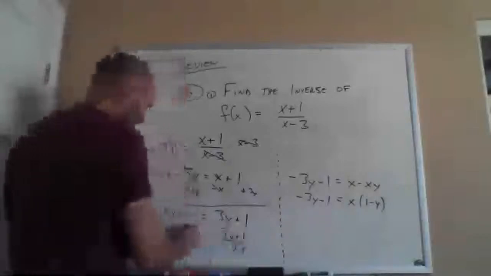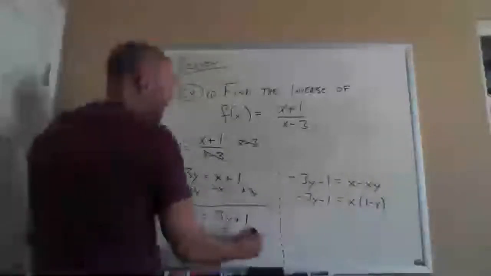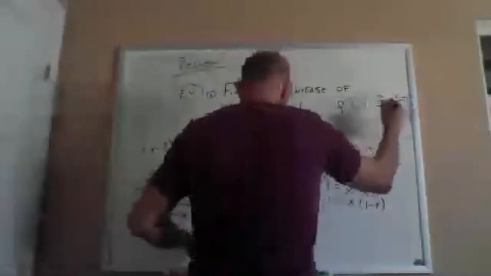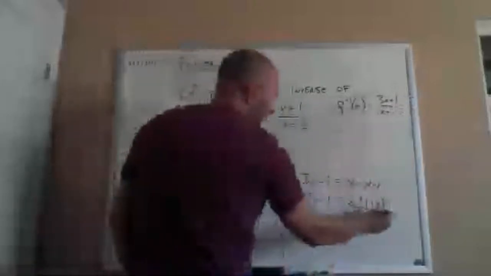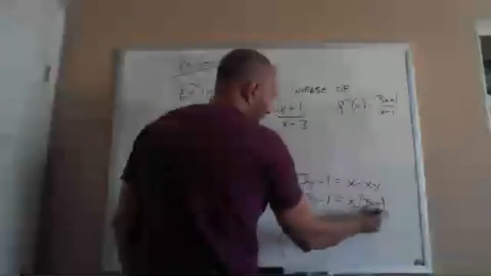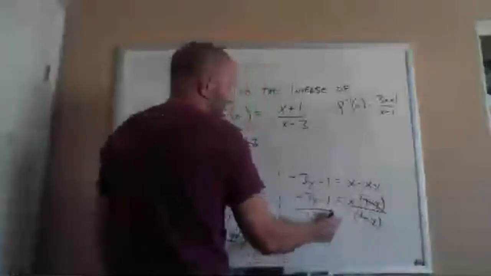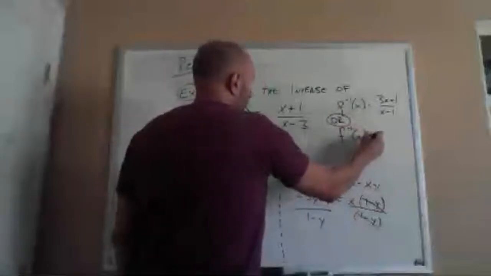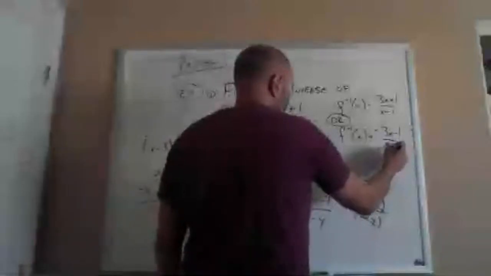So from this one, and then changing out all the x's and y's, f inverse of x equals 3x plus 1 over x minus 1. Now over here, if you divide everything by 1 minus y, and then switch it out, these are equivalent, change out the x's, you get negative 3x minus 1 over 1 minus x. So either of those answers is okay.